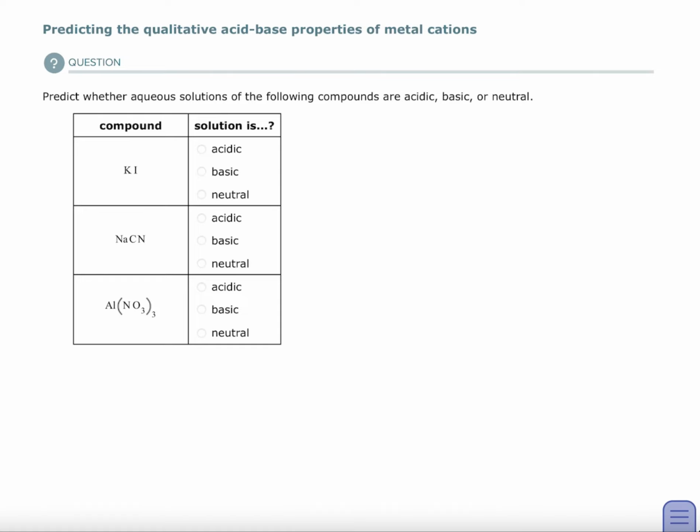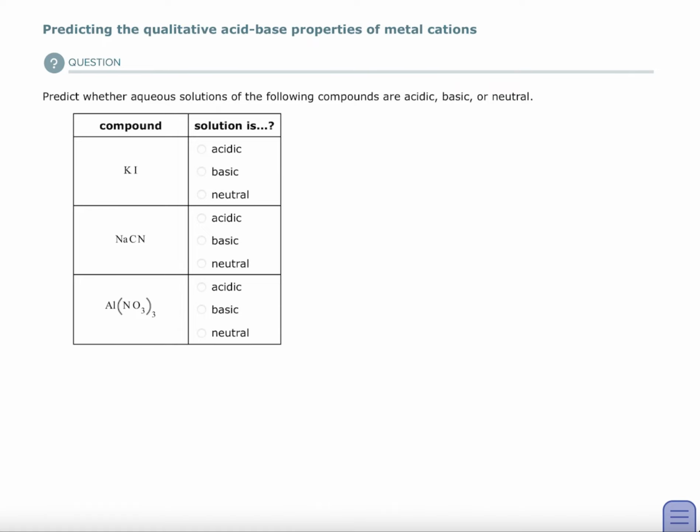So if it's a strong acid, then that means that its conjugate, the iodine anion, is neither acidic nor basic. So hope for a compound that makes a strong conjugate acid, because then you know that the iodine does nothing. It doesn't make it acidic, and it doesn't make it basic.